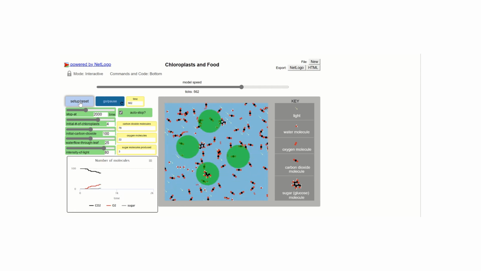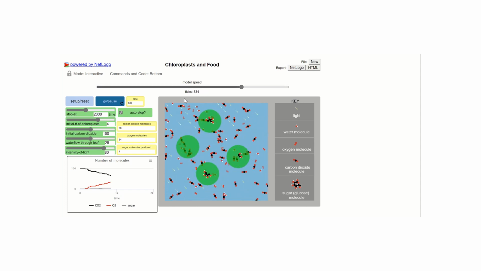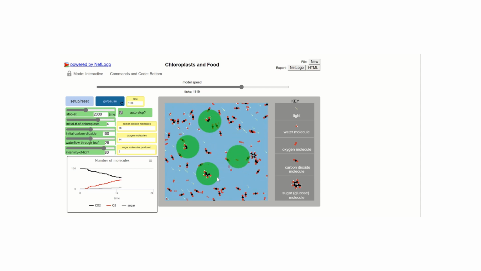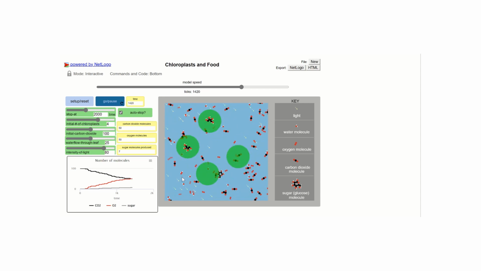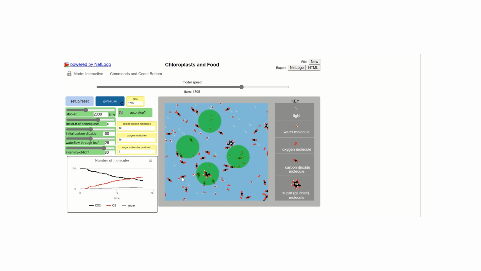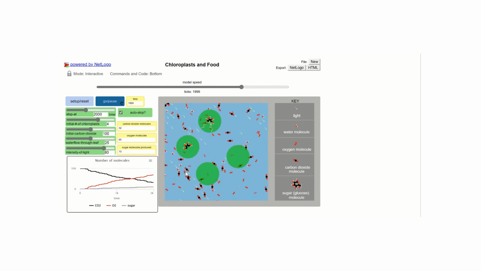Again, you can see the time ticking away up here at the top. And our animation showing the chloroplast working away. More light coming through this time. Chloroplast grabbing the carbon dioxide, making the sugar molecules on the inside.